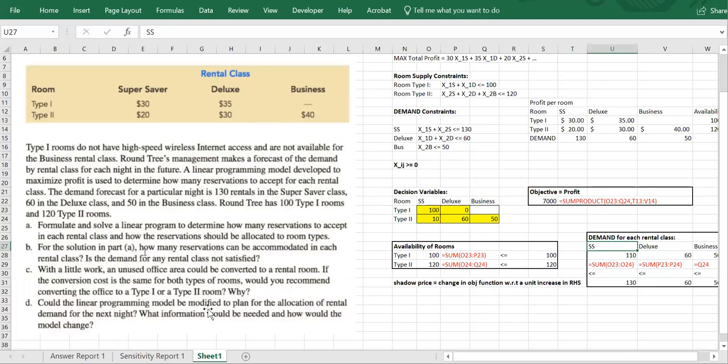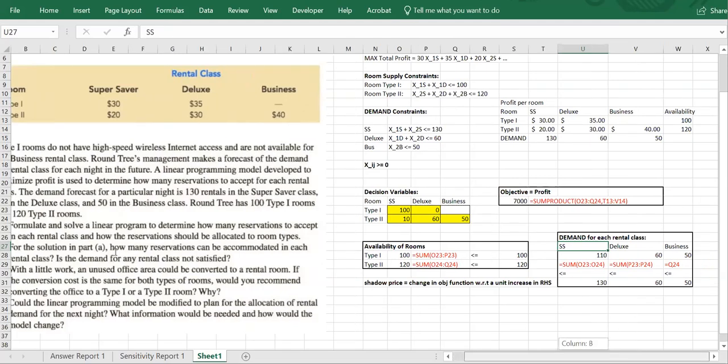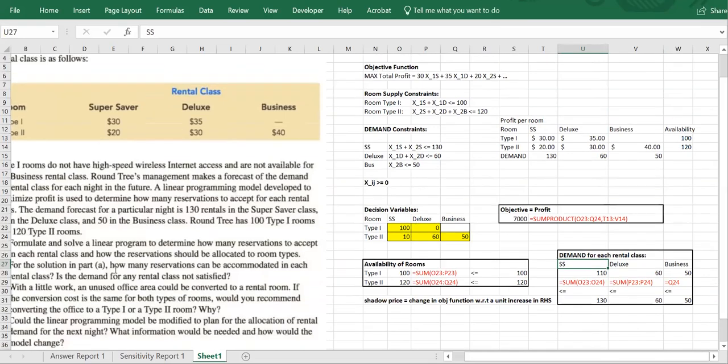Could the linear programming model be modified to plan for the allocation of rental demand for the next night? What information would be needed and how would the model change? So you just need to look at your model and see. Usually if you set up the model well, in the right format, you don't really need to change a lot.